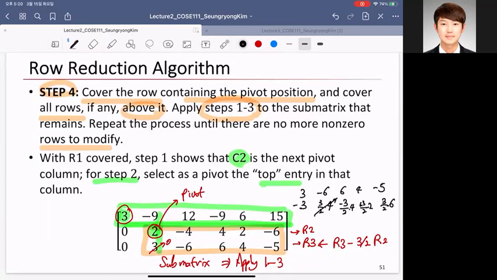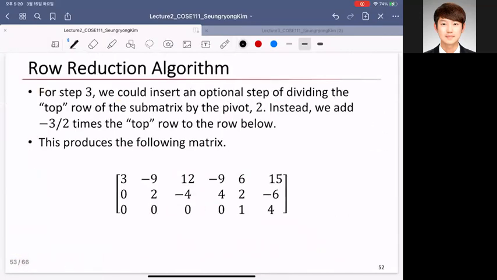This term is going to be 6, -6, 3, and 9. So by adding these two terms, our final row is going to look like this.